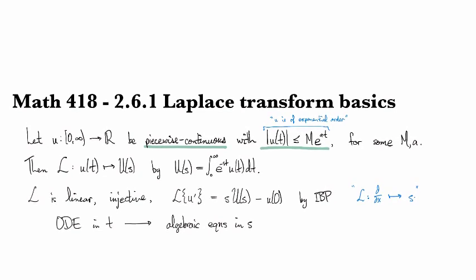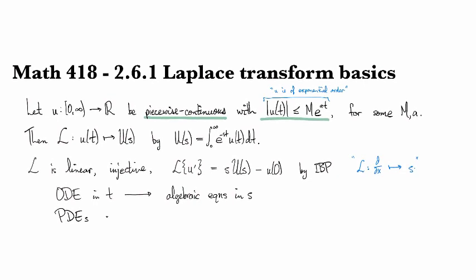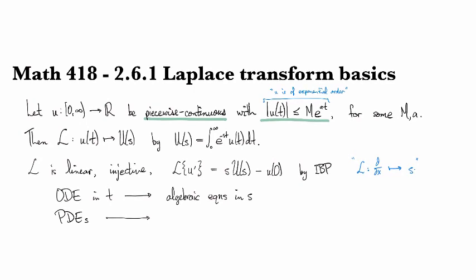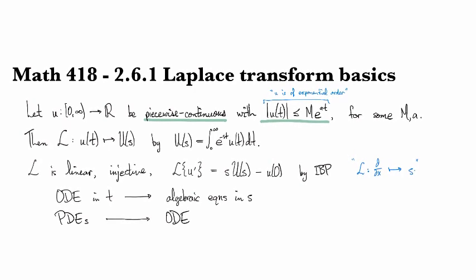At least, well, and we also have PDEs. Well, if it gets rid of the t part and turns that into just an algebraic equation, then the result will be an ODE.